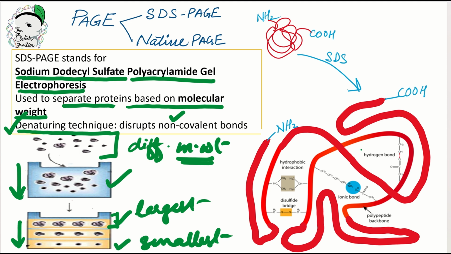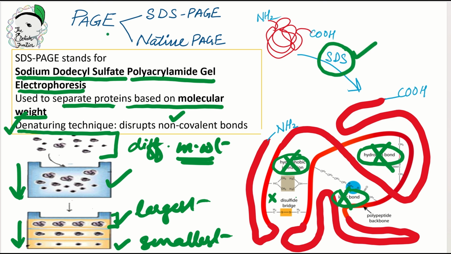Non-covalent bonds means the hydrogen bond, the ionic bond, or the hydrophobic interactions, not the disulfide bond. It can disrupt or break the hydrogen bond, ionic bond and hydrophobic bond. So these are the non-covalent bonds. That particular reagent is the SDS. SDS is a reagent that disrupts the non-covalent bonds. So this is the technique we are adapting in SDS PAGE.